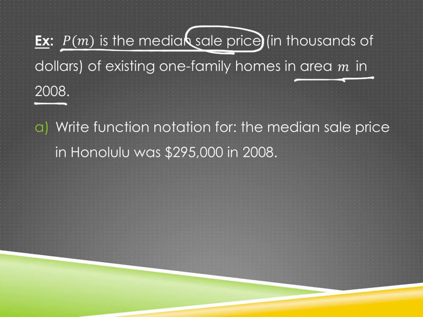So, remember, function notation looks something like this. F of x equals an equation or equals something, some value. So we need our function name. What was it here? What letter? P. We need to know what is M in this case. The area.